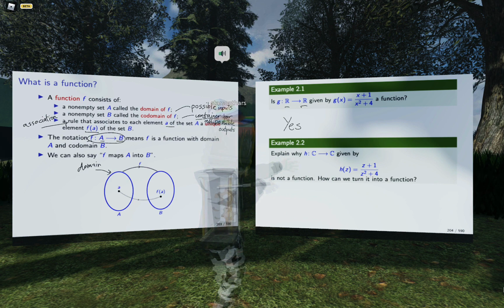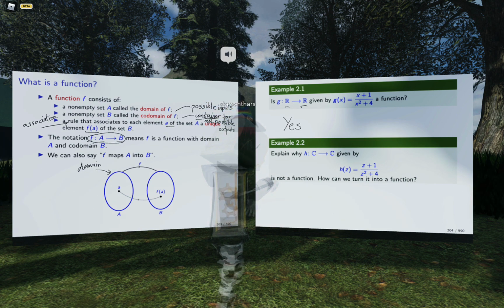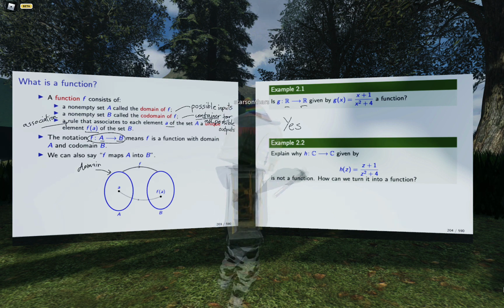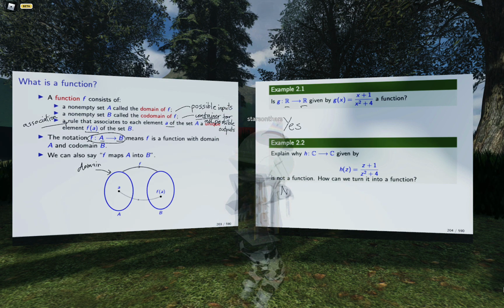So given a complex number z, can I form z plus 1? Yes. Can I form z squared plus 4? Yes. Can I take the ratio? Well, not always, right? Because maybe z squared plus 4 is 0.